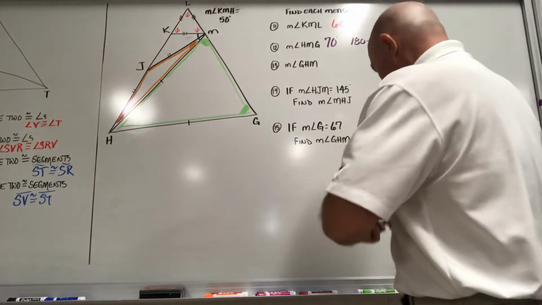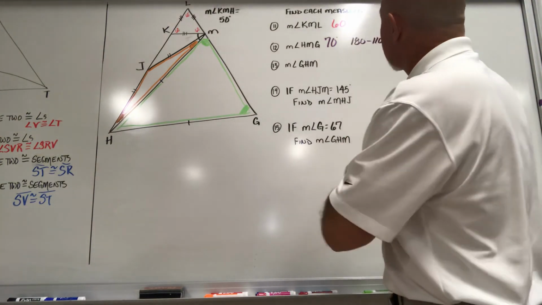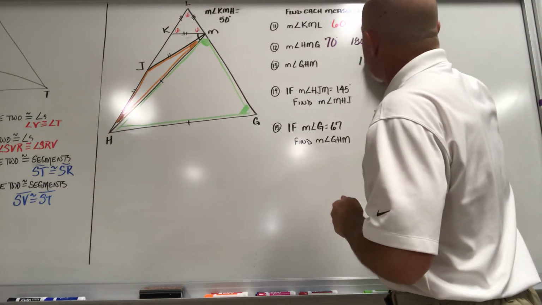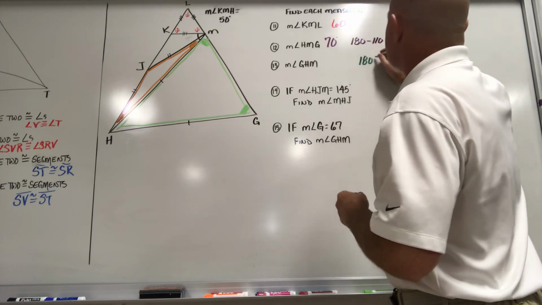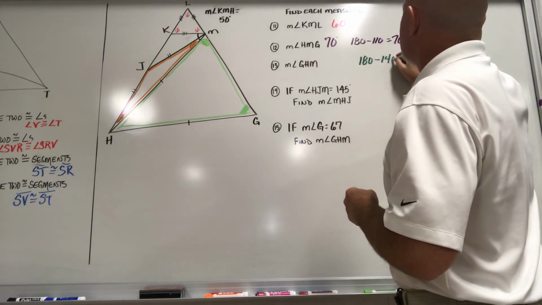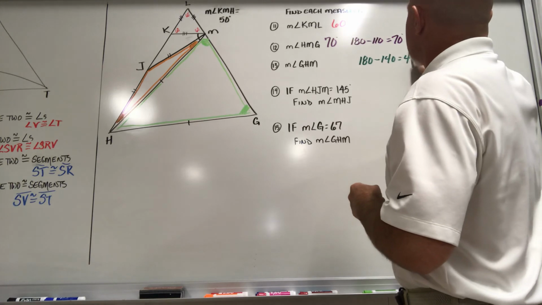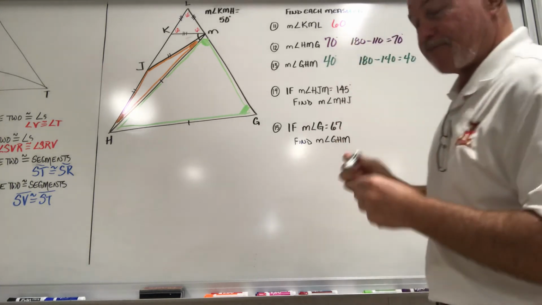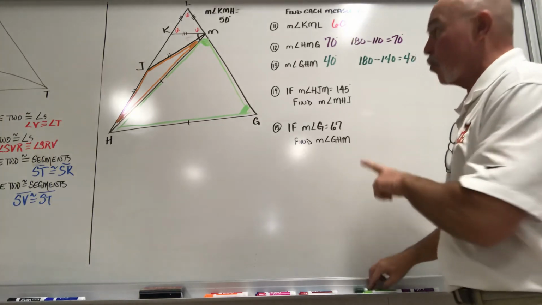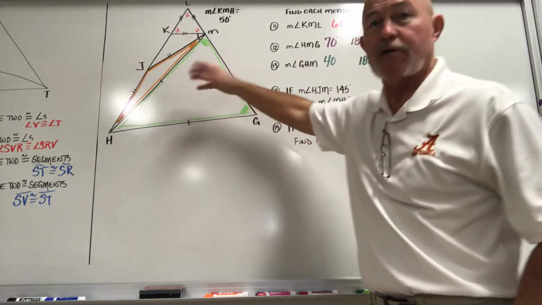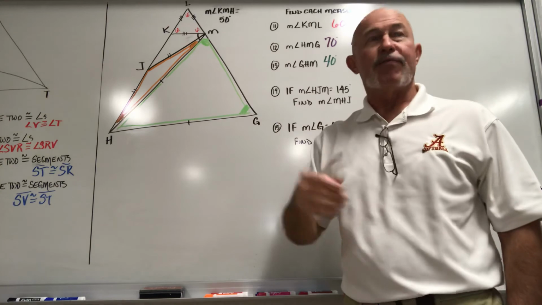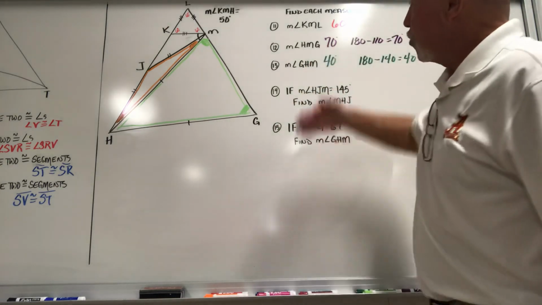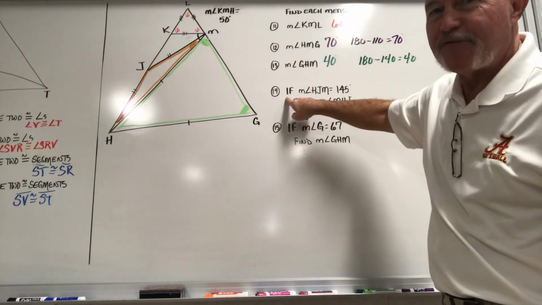70 plus 70 is 140. So the vertex angle of this isosceles triangle is 40 degrees. That's what we've got here. Now, we put if in here.